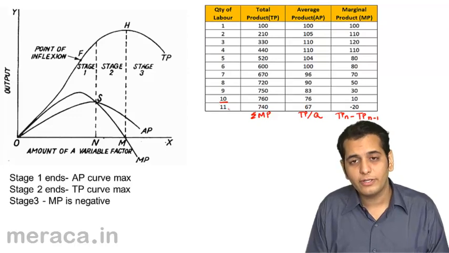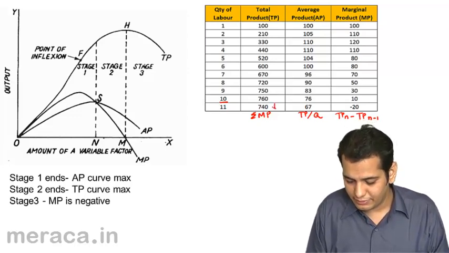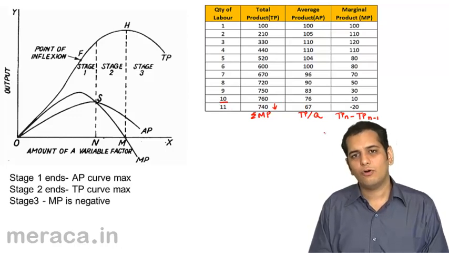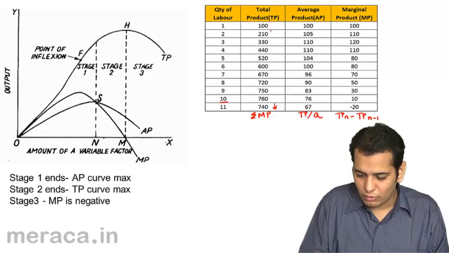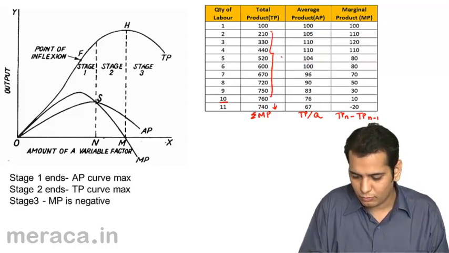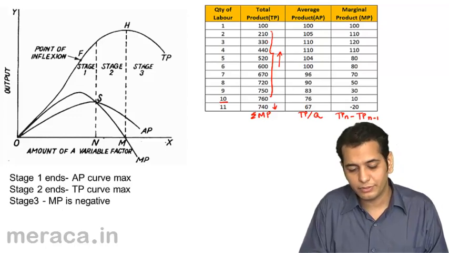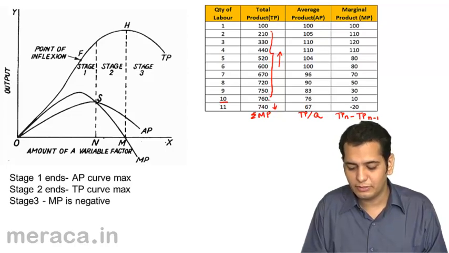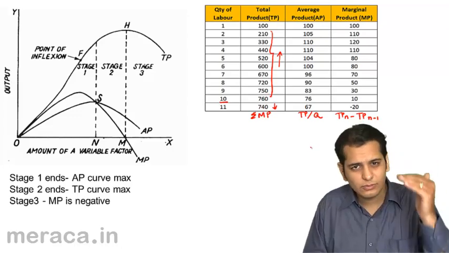Once we employ the 11th laborer, we see a decrease in total product. All this while, our total product was increasing from 210 to 330, 330 to 440, 440 to 520, 600, 670, 720, 750, 760. After 760, it's 740, so it's falling.